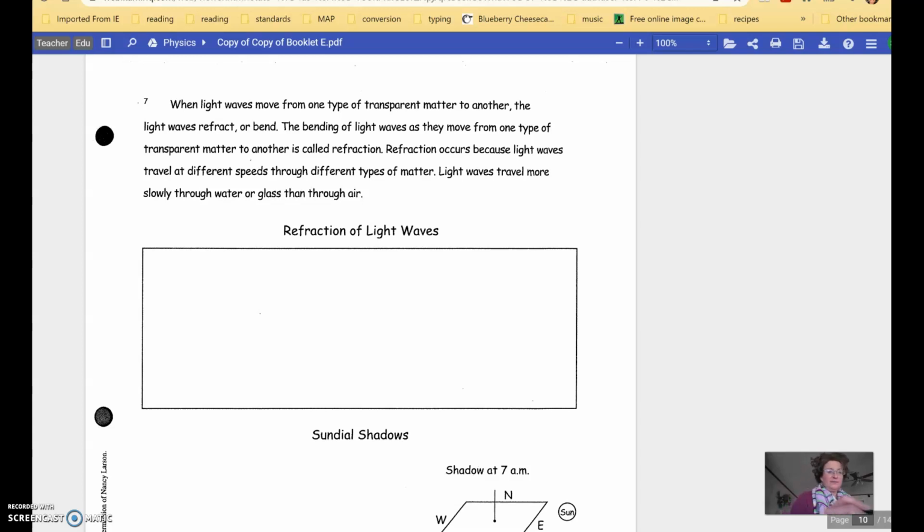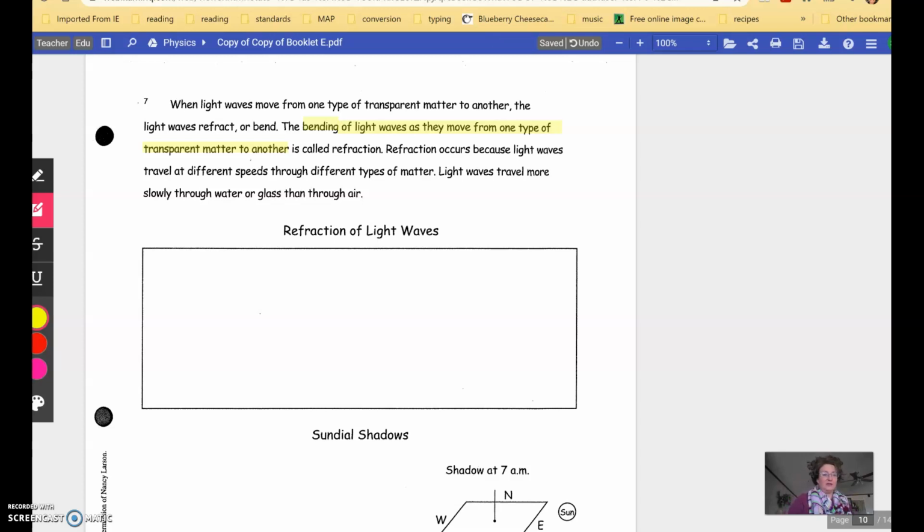If you would, take your yellow highlighter, and I would like you to highlight bending of light waves as they move from one type of transparent matter to another. Okay.